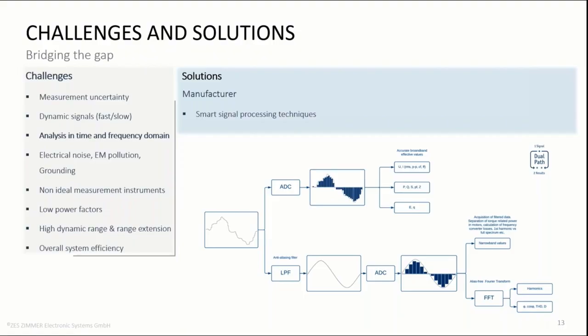On Zimmer power analyzers, we use smart signal processing techniques like dual path, where we create 2 paths of the same signal and apply different filters and sampling to them.